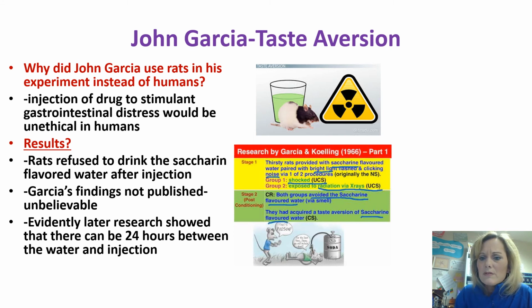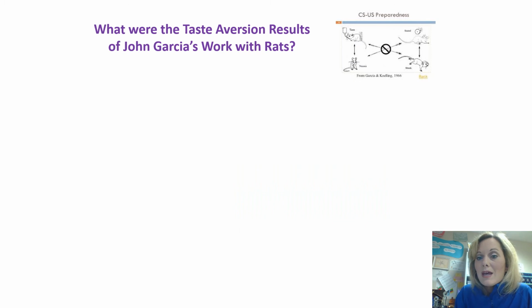And people were really taken aback by his publications. They didn't believe it because it was paired once, or maybe a couple of times, very limited, not like Pavlov. And later research showed that we can even have 24 hours between the water and the injection. So the timing that Pavlov found was extended, but it depends on certain things.